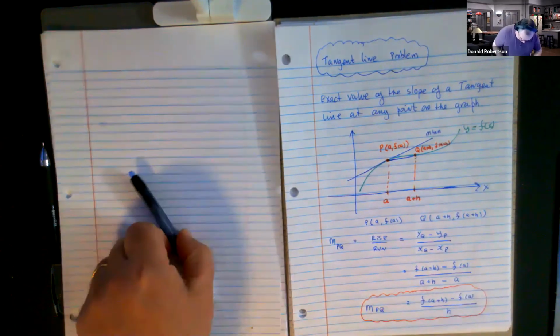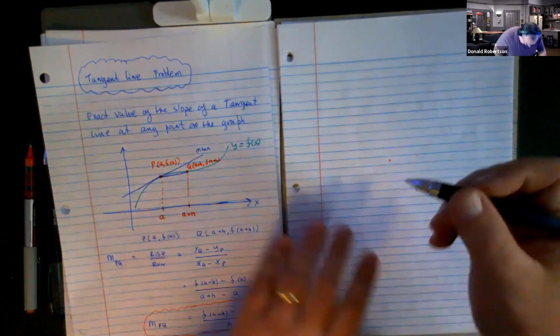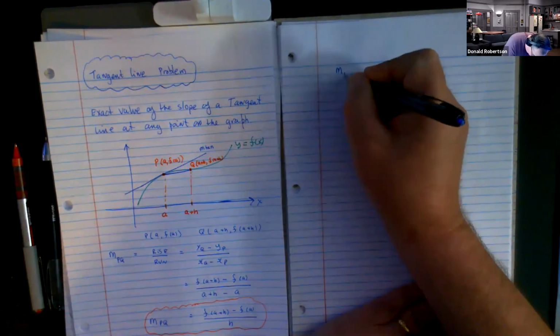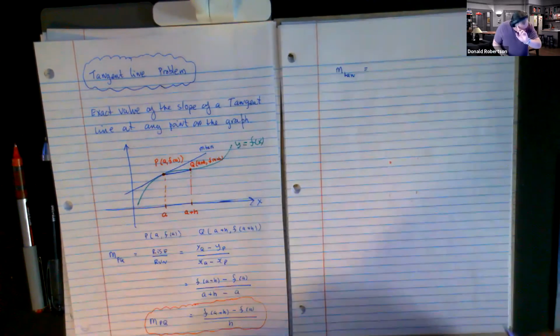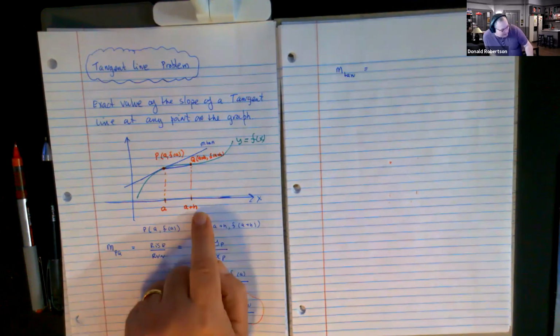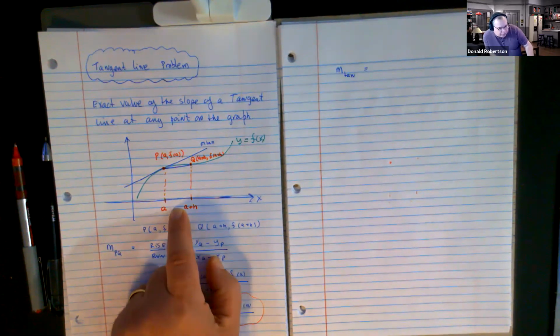So you might say, well, how is that going to get me the slope of the tangent line? Well, hang in there. Here it's coming. The slope of the tangent line. What happens if I make H get smaller and smaller and smaller?